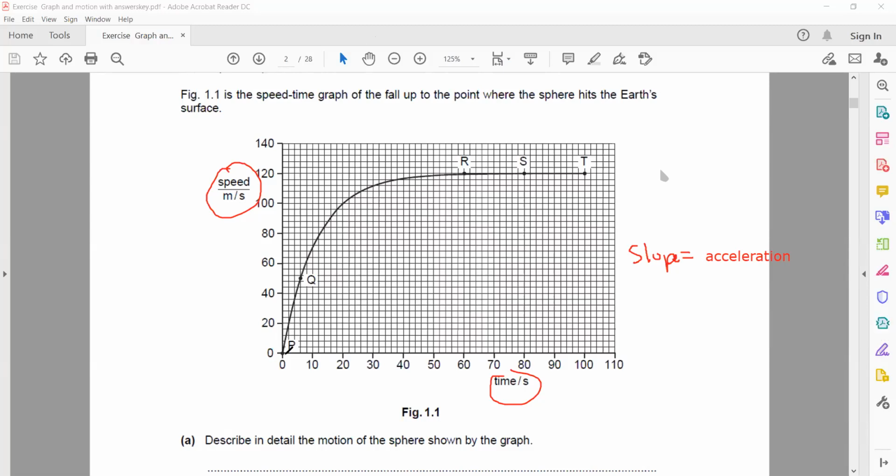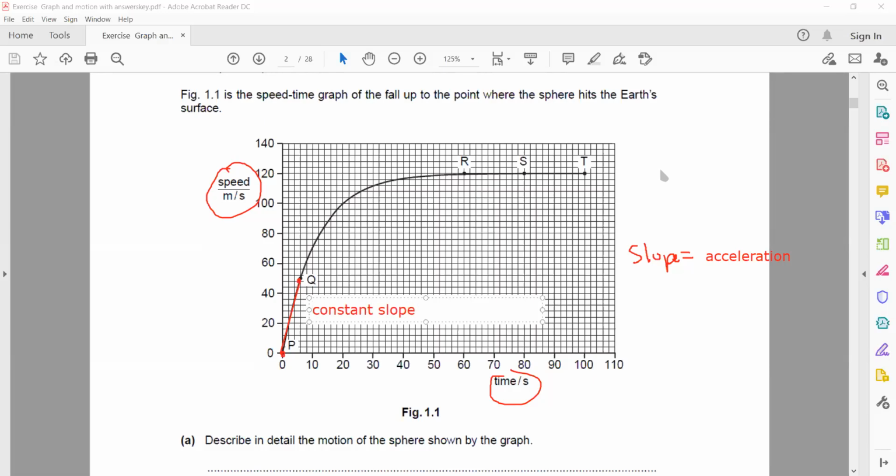And there are points, first from P to Q. From P to Q, what happened to the slope? It's a straight line from P to Q, so the slope is constant.